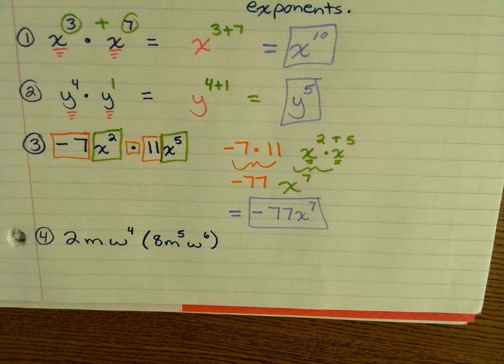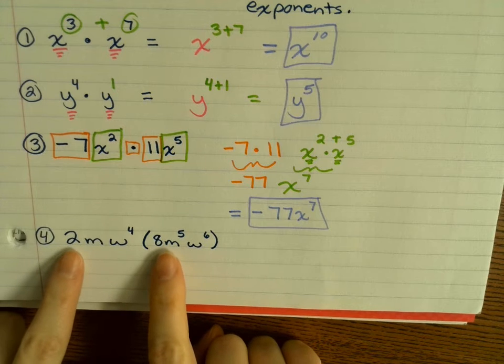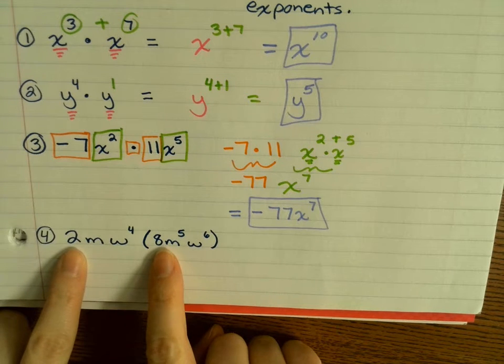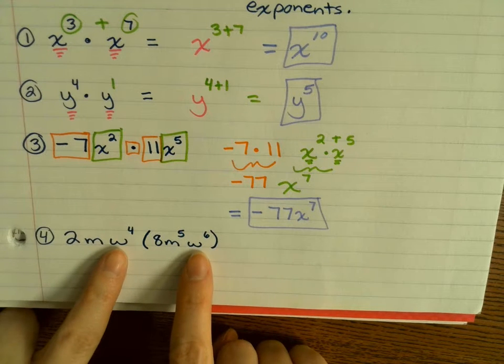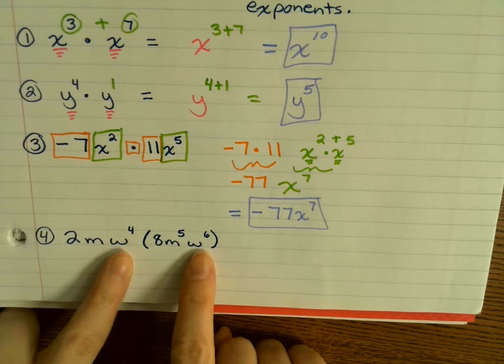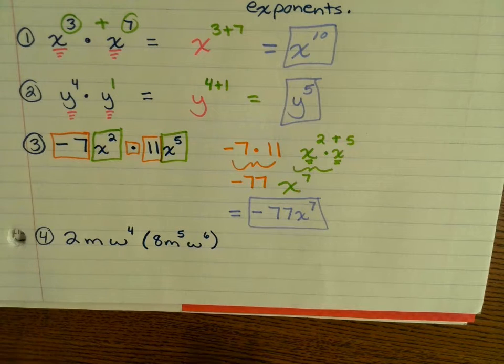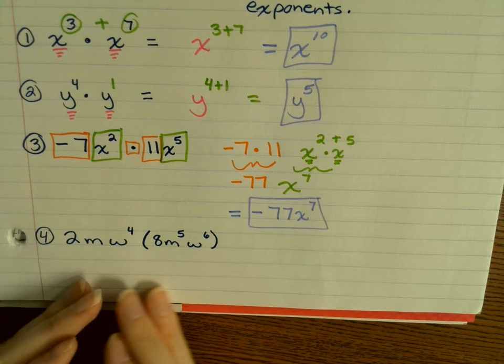We've got numbers. We've got bases with m. And we've got bases of w. So that means we're going to split this up into 3 separate components, and then we can combine those components together at the end.